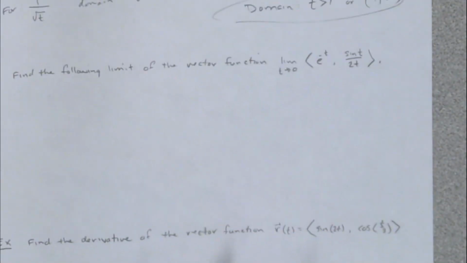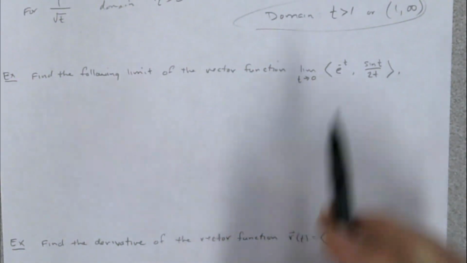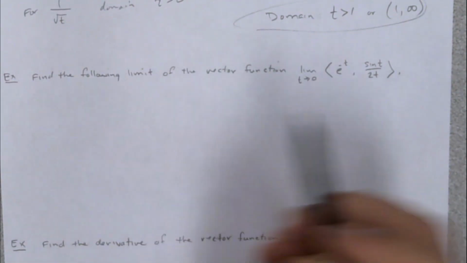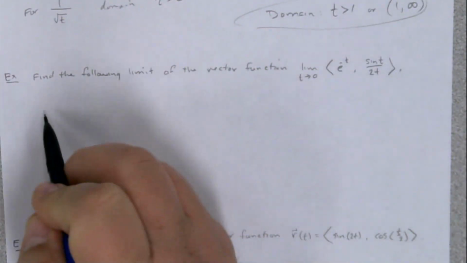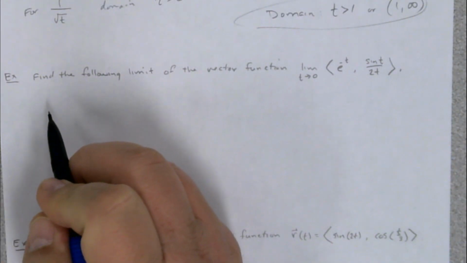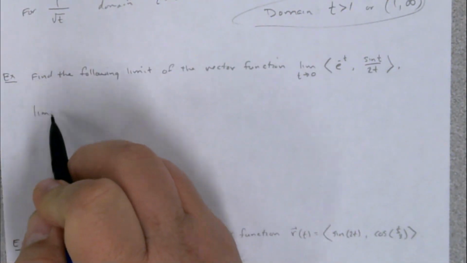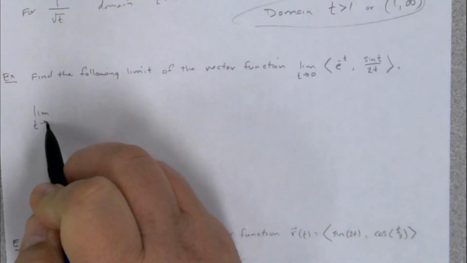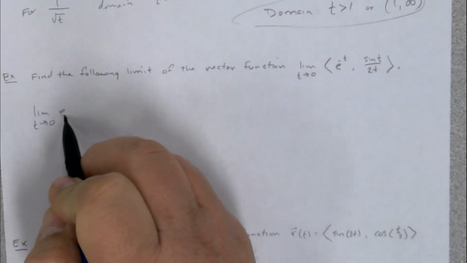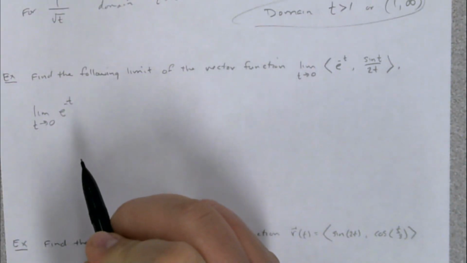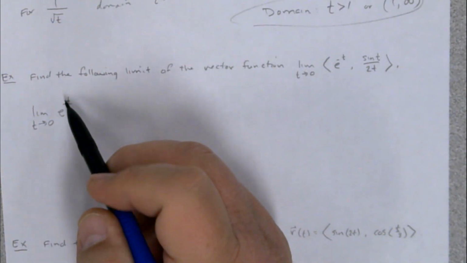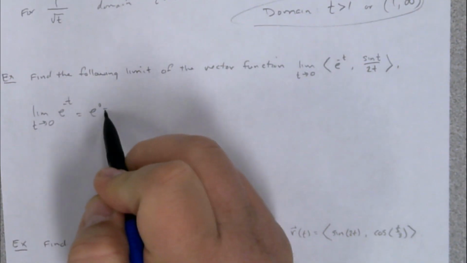Let's work one out to see it. Find the limit of this vector valued function. I need to find the limit of each of those pieces. What is the limit as t approaches 0 of e to the negative t? If I plug in 0, we get e to the 0, which is 1.